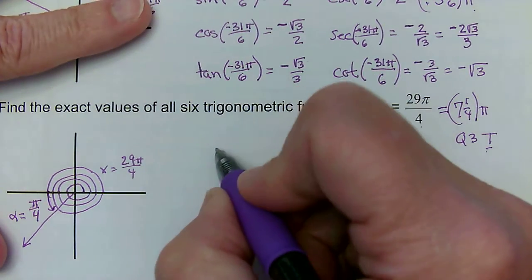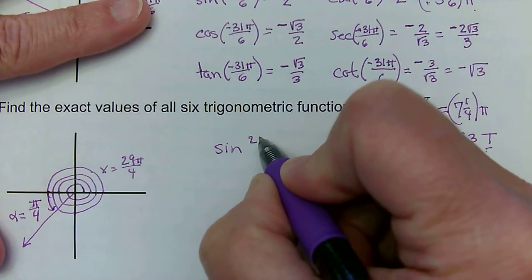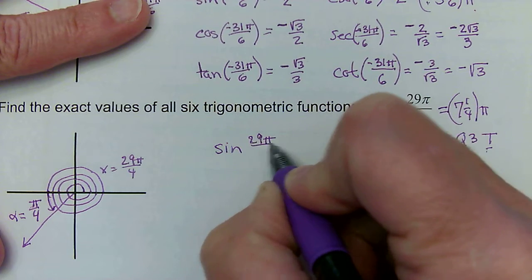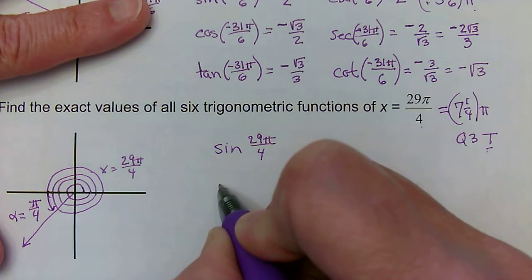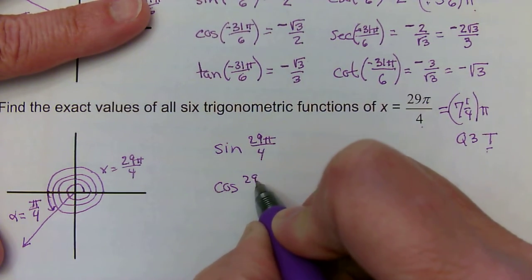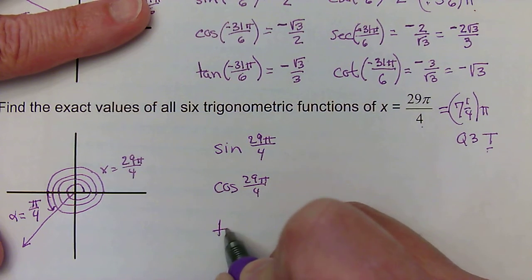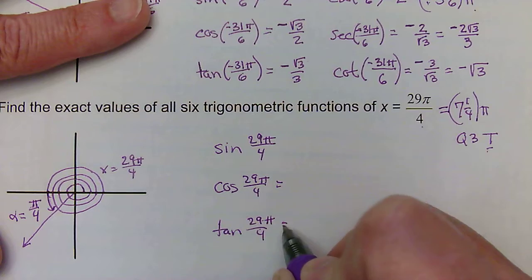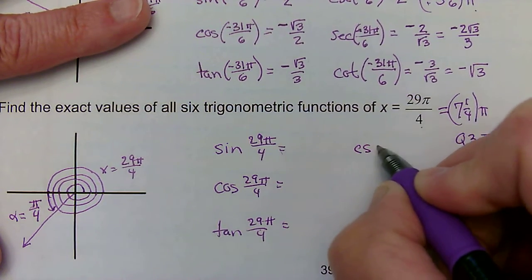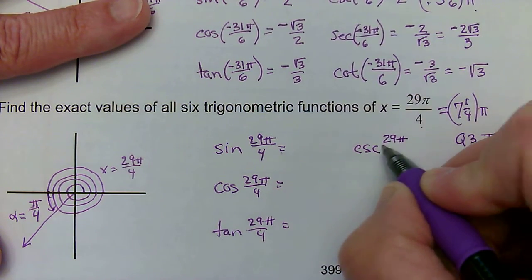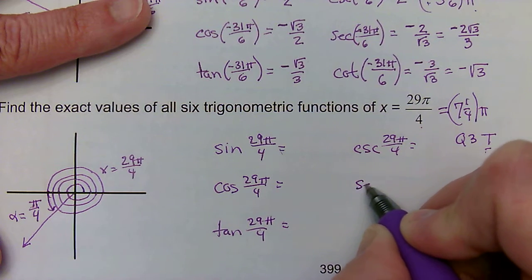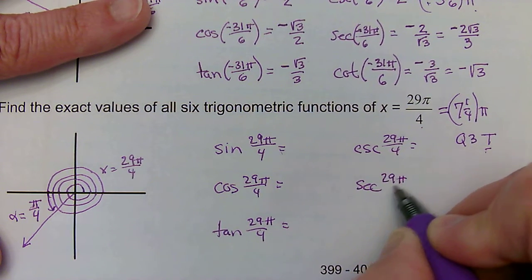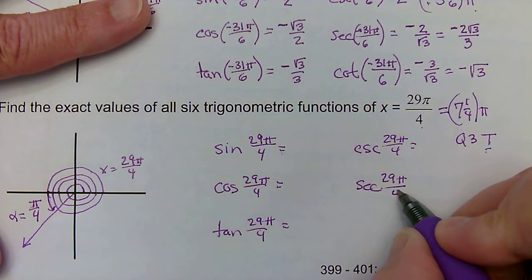So again, I have to write, if you're going to know which answers for which question, you need to write all of these out. And remember, don't get confused between secant and cosecant.